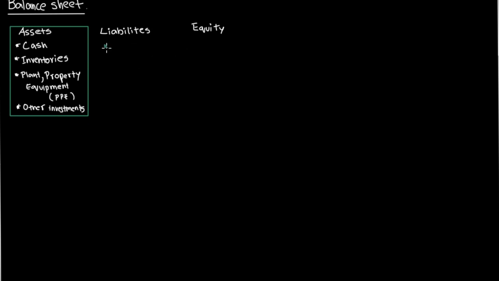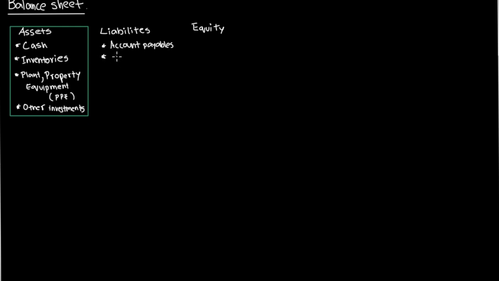So let's talk about liabilities. In liabilities, we also have the short-term liability and the long-term liabilities. So the short-term liabilities is like short-term loans that we have taken. And there's quite a lot of names for that, like account payables. And we have notes payables.